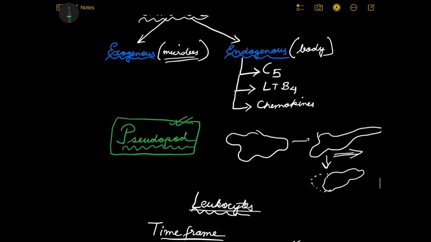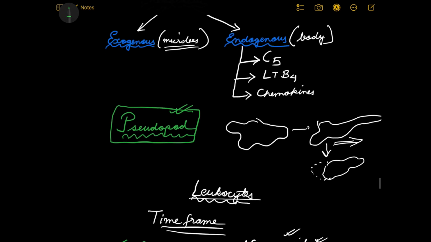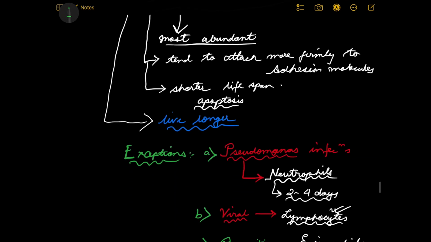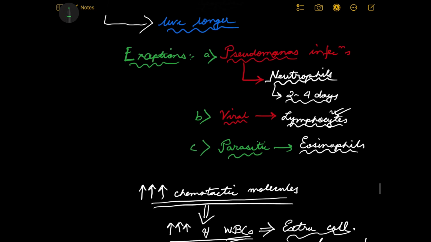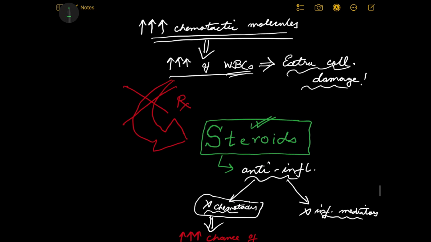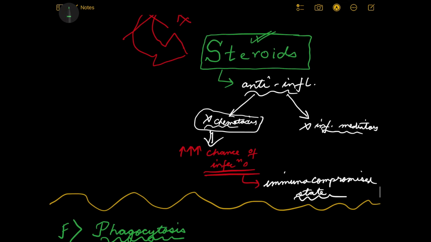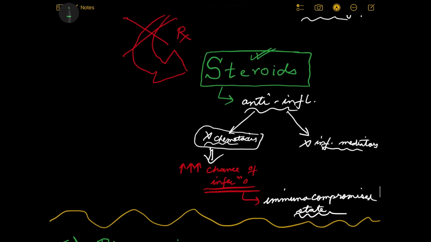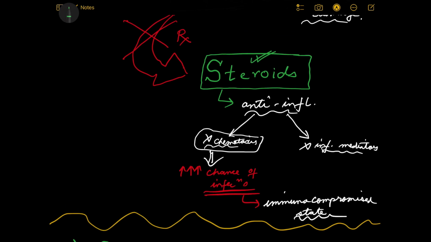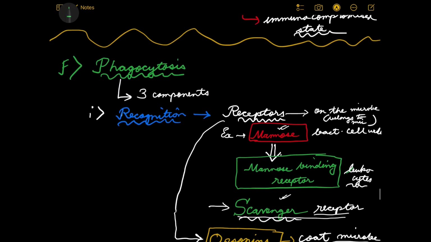As far as chemotaxis is concerned, I had already talked about defective chemotaxis. If there is increased chemotaxis, then obviously we give steroids, because there is a high number of WBCs which reach that site. Already talked about this, so we can move on.